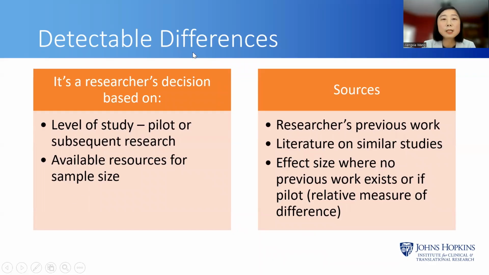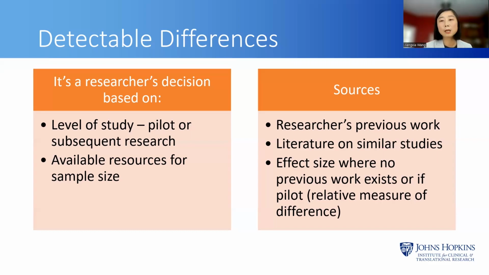For this detectable difference, this is really related to the alternative hypothesis. In a null hypothesis, we claim there's no difference, but in the alternative, we specify a difference that we want to detect. One thing I want to point out is that this is really a researcher's decision based on the level of study, whether it's a pilot study or subsequent research.